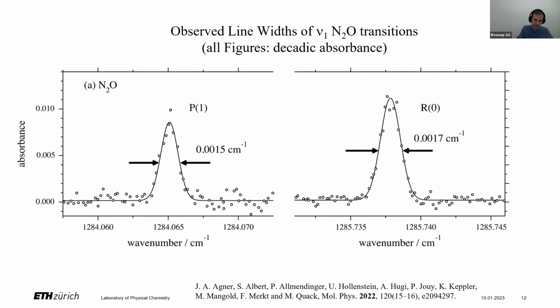Yes, this one. That's the wider lines in N2O, right? And then we have the narrow ones of CF4, where we reach the limit of the step size. And yes, there is a limit, to answer your question, Julia.